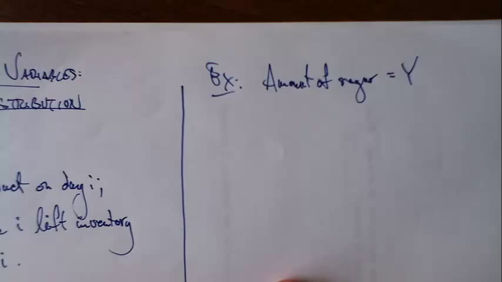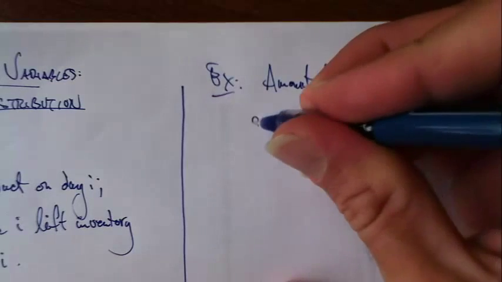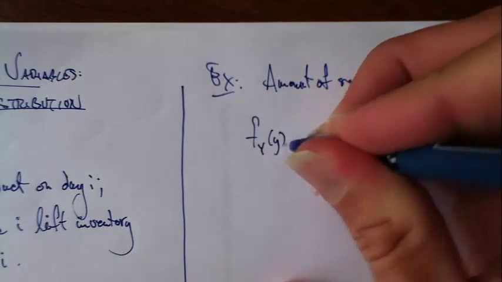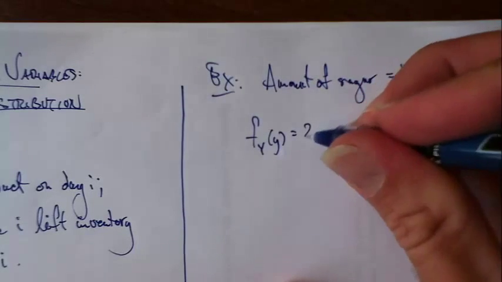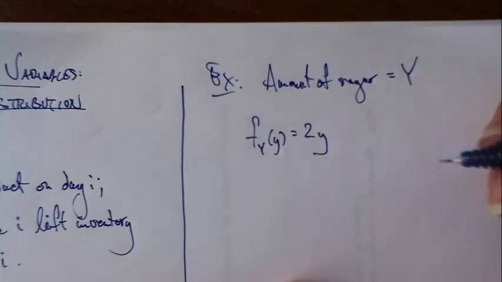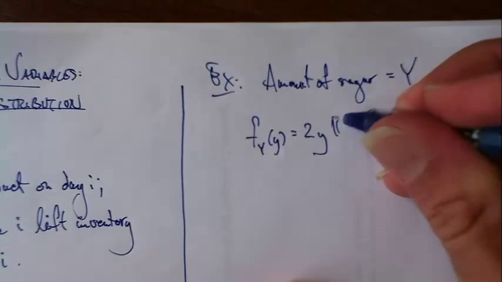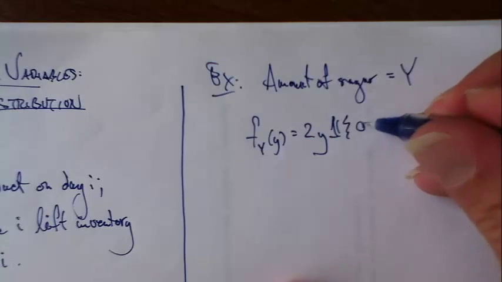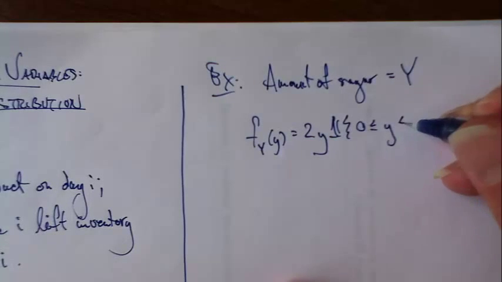And let's say this amount is known to depend on machine breakdowns, temperature, how late people are, etc., right? And so suppose that Y has the PDF. We know that the probability density function for Y is known to be approximately or exactly 2y times the indicator that y is between 0 and 1. Okay?